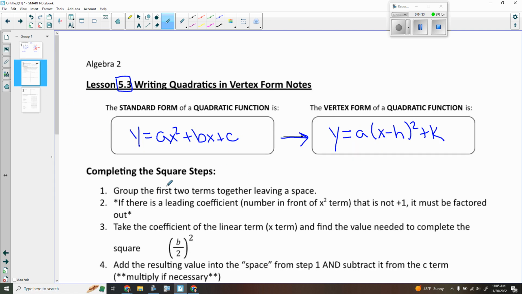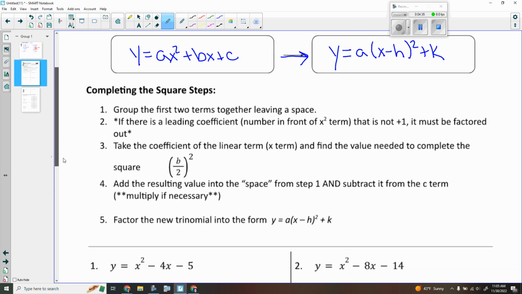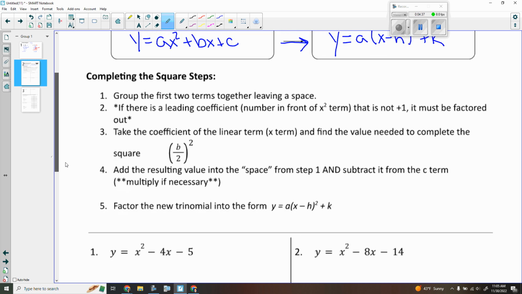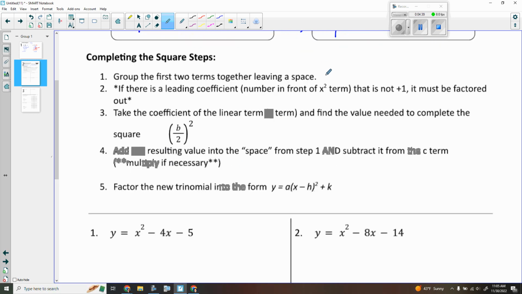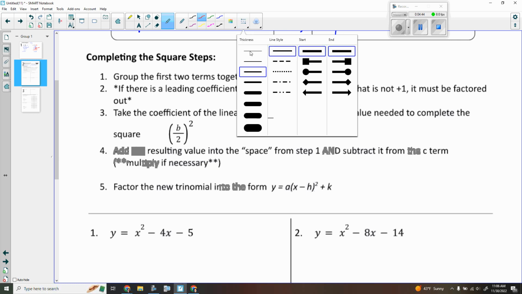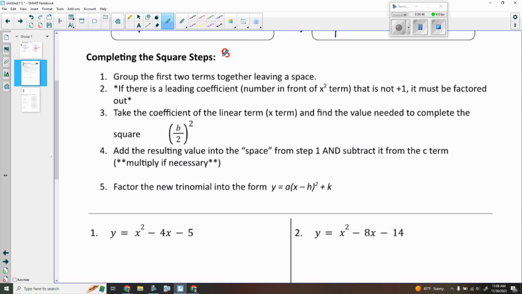Taking that idea, the idea of completing the square, there are a couple of things to add here. One, be certain you are written in standard form.